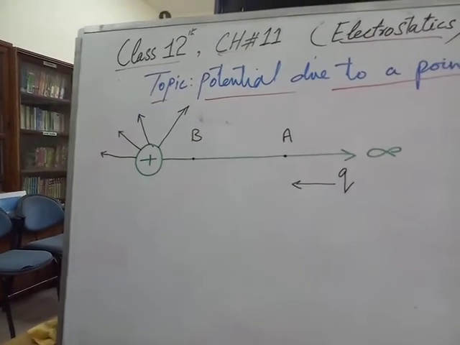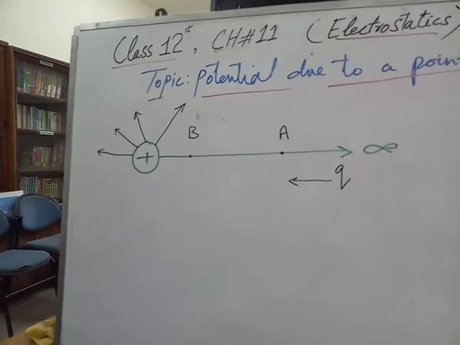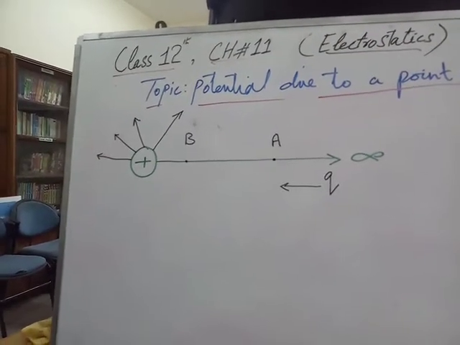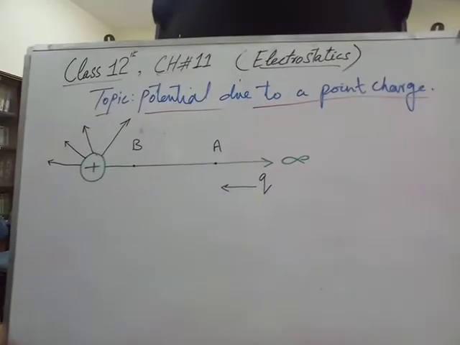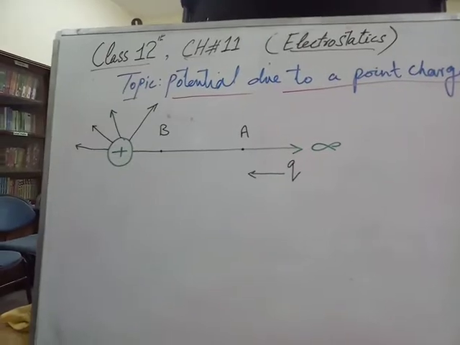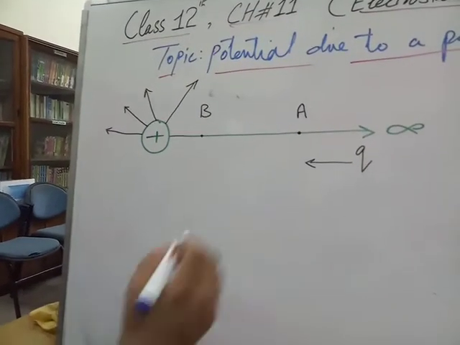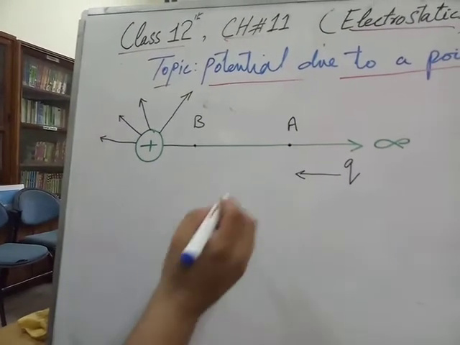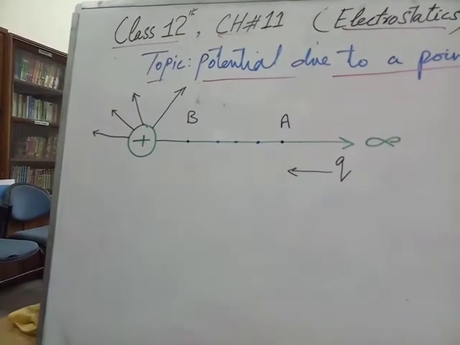So point A and point B are two points, like the two oppositely charged plates in the previous topic. If we divide this interval, this is another point, and this is another point.